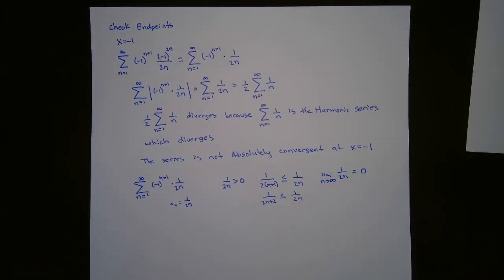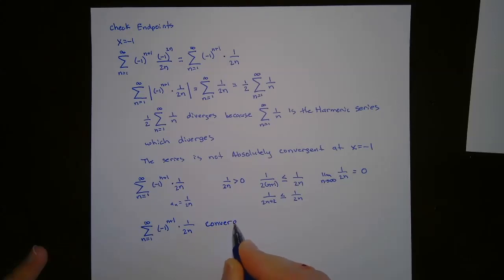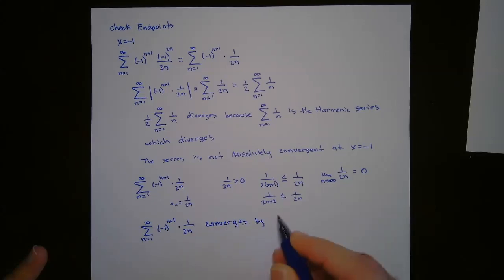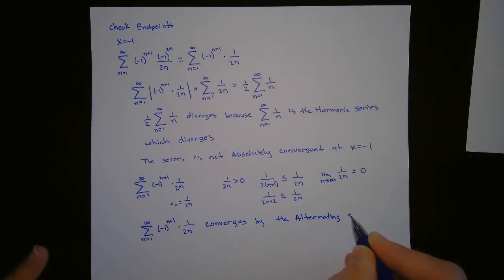Okay, so what do we know? All right, so what we know is that this series is conditionally convergent, right? So this series, n equals 1 to infinity of -1 to the n plus 1 times 1 over 2n, converges by the alternating series test.